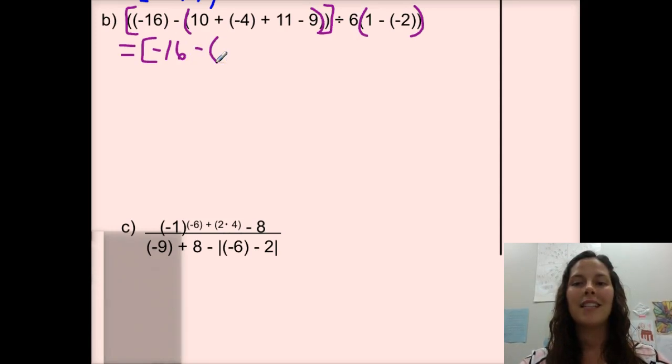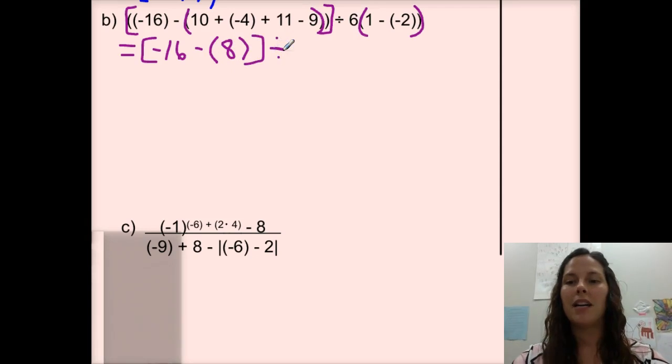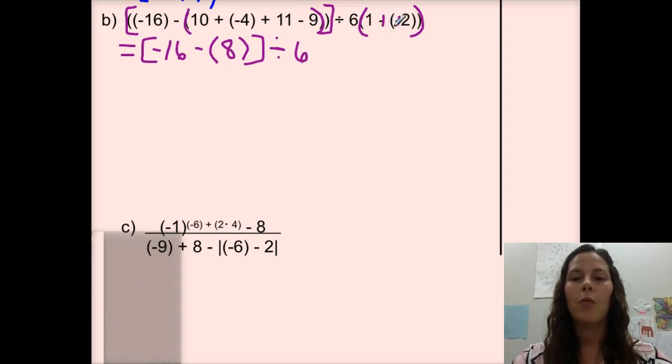10 plus negative 4, we can actually, because this is all adding and subtracting, simplify all of it at once. So the 10 plus negative 4 is 6. 6 plus 11 is 17. And 17 minus 9 is 8. Divided by 6, and again simplifying that second set of parentheses, changing my subtraction to adding the opposite, I get 1 plus 2 is 3.